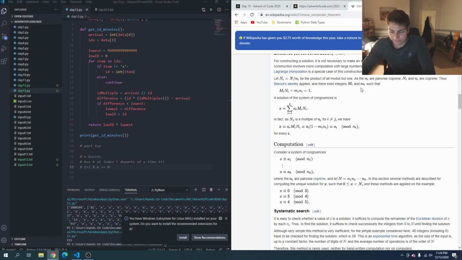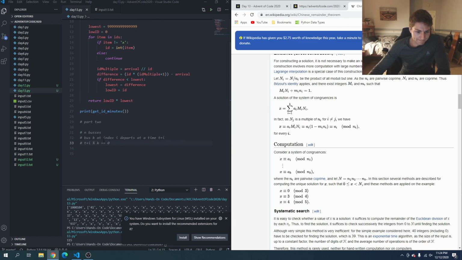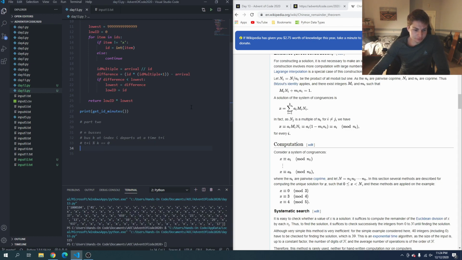The modular inverse basically is this partial product here. This partial product times the mod inverse of itself, mod bus ID, is going to be equal to 1. This is probably really confusing, but we're going to do our best to write it into code.